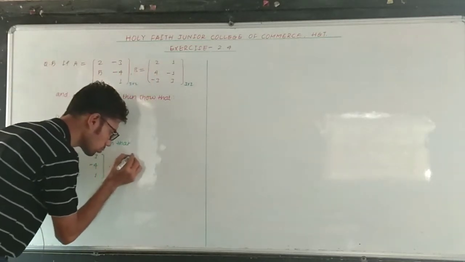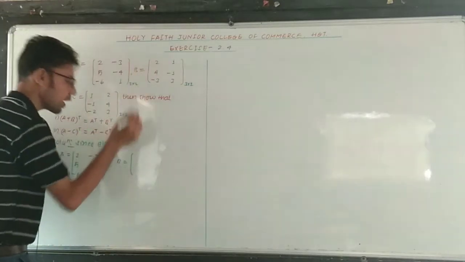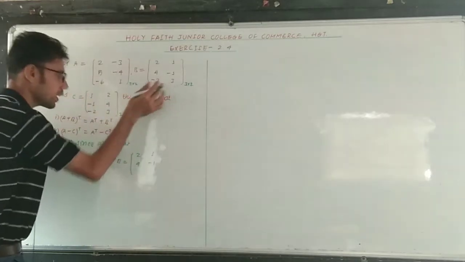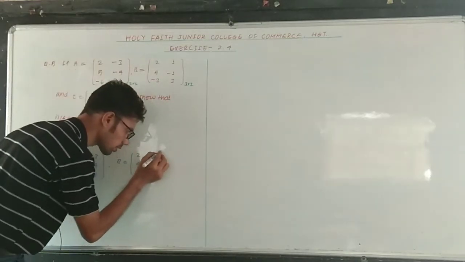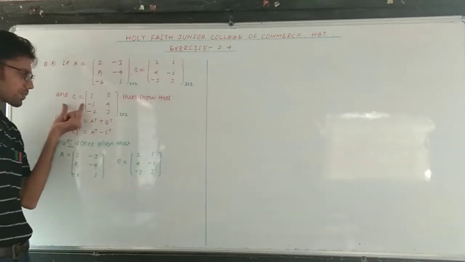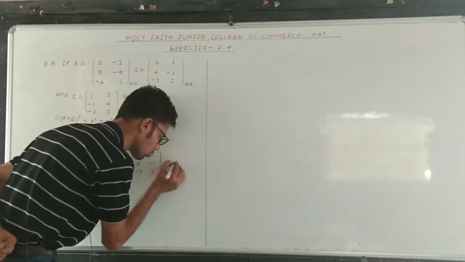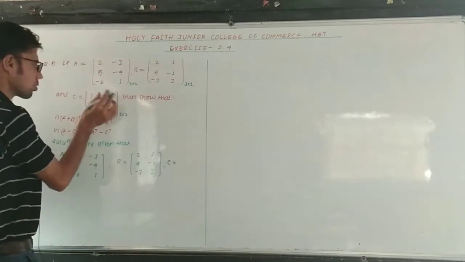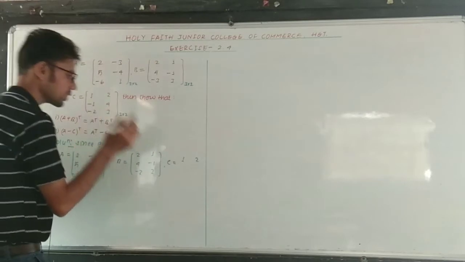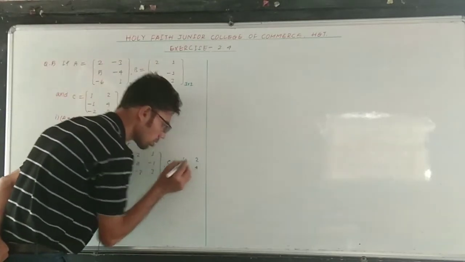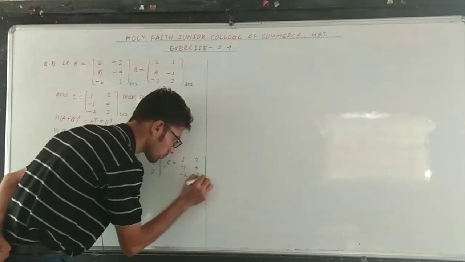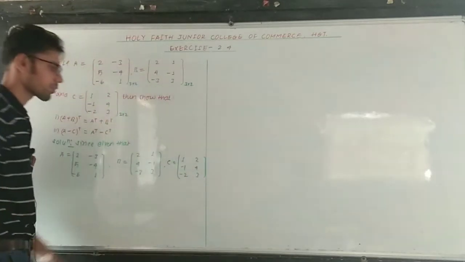B is equal to 2, 1, 4, minus 1, minus 3, 3. And the value of C matrix, C is equal to 1, 2, minus 1, 4, minus 2, 3. This is the value of C matrix.